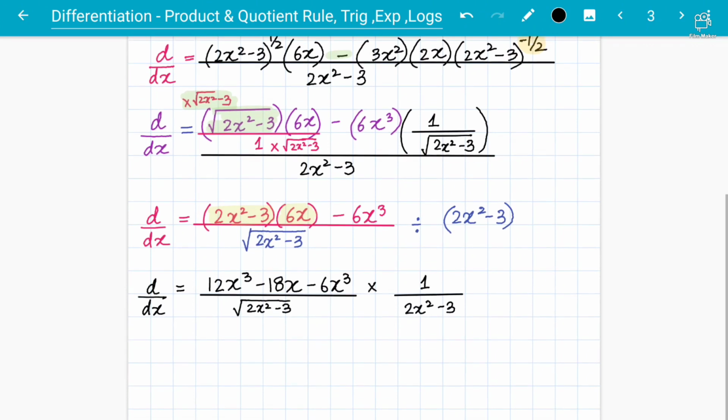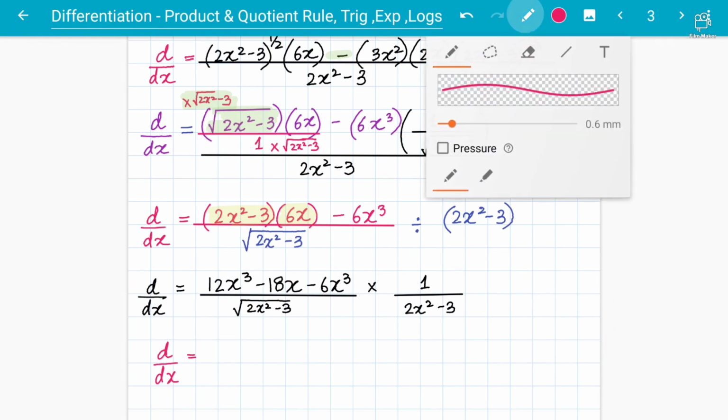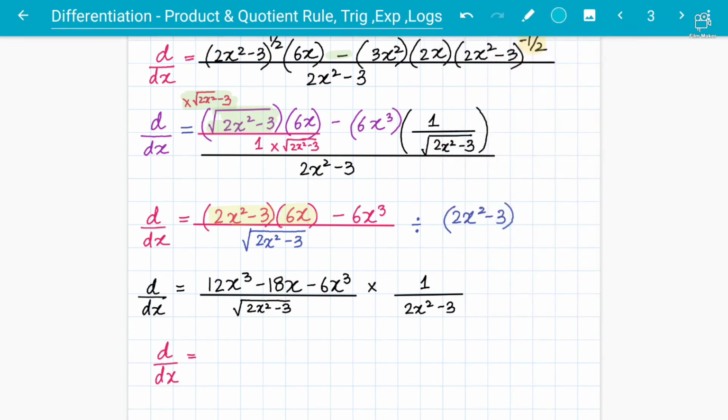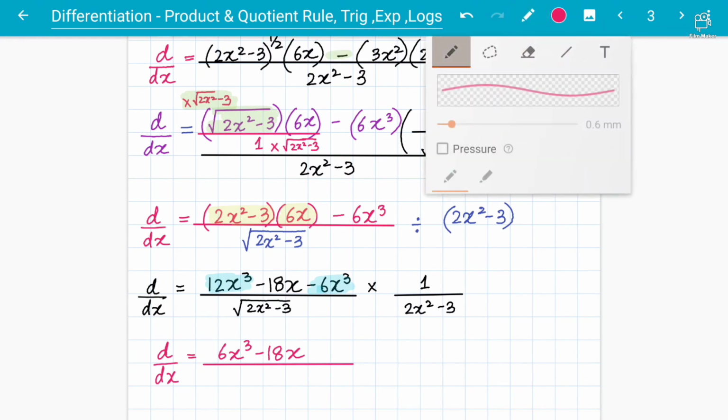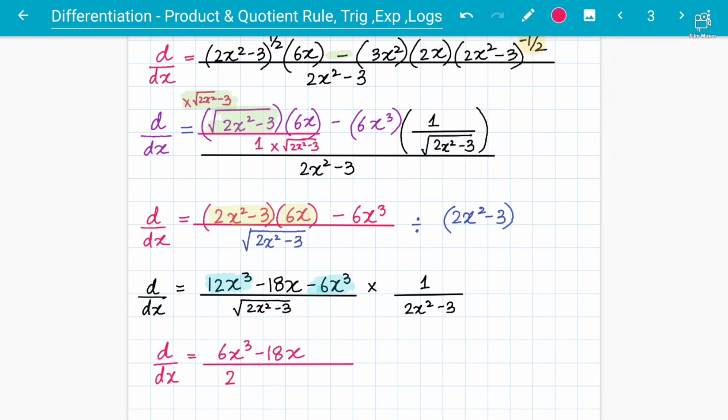So here we go, students. The final answer will come as we can simplify the numerator as well, right? How can we simplify the numerator? So it's going to be 12x cube minus 6x cube, so it's going to be 6x cube minus 18x, and in the denominator you're going to have 2x square minus 3, and you have the square root of 2x square minus 3 as well.